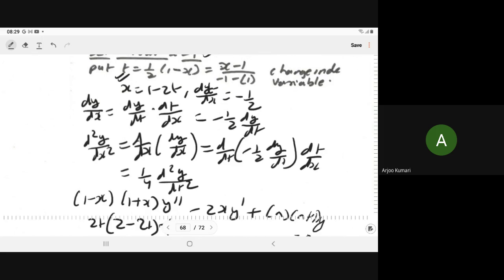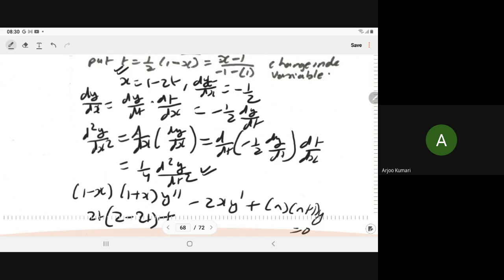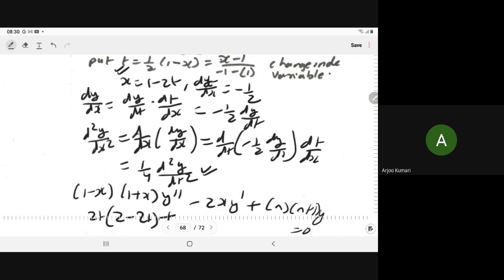And when we compute d2y by dx2, d2y by dx2 is what? dy by dx of the dy by dx, that is dy by dt of minus half dy by dt by dx. So this will become 1 by 4 d2y upon dt2. So on substitution, here we have 1 minus x, 1 plus x.